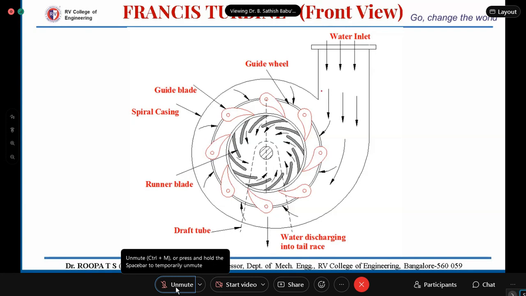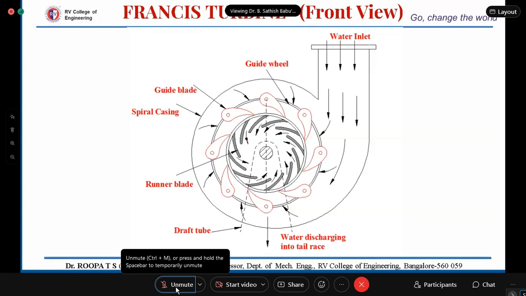So here water is entering from here, and we will have two sets of blades, as you all know. One is the fixed blade, another one is the moving blade. Here we call them guide blades and runner blades. Water enters through this spiral casing and gets guided by the guide blades.